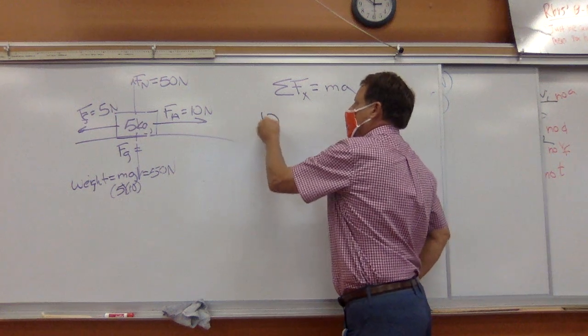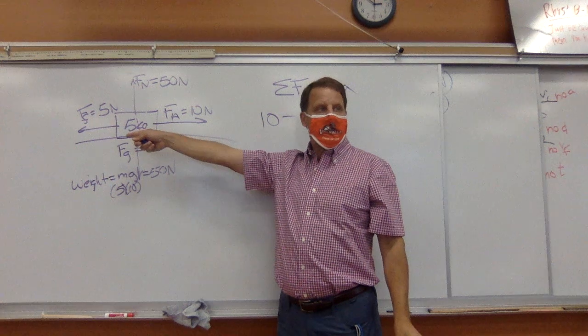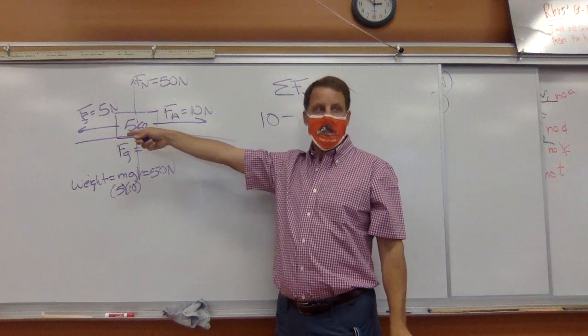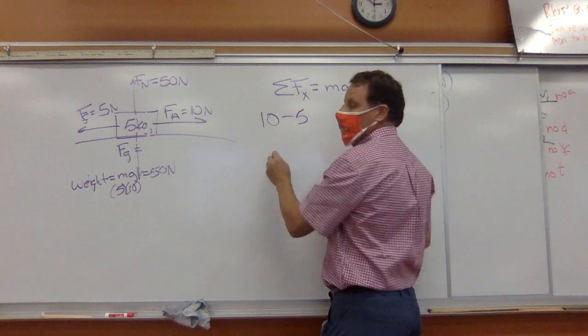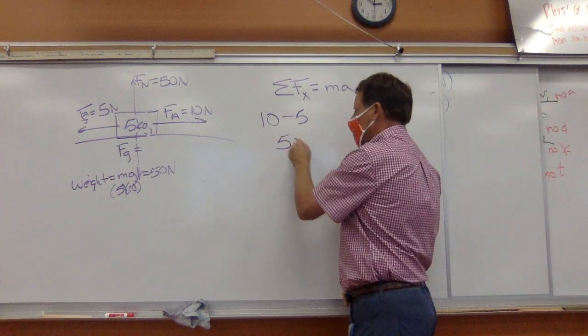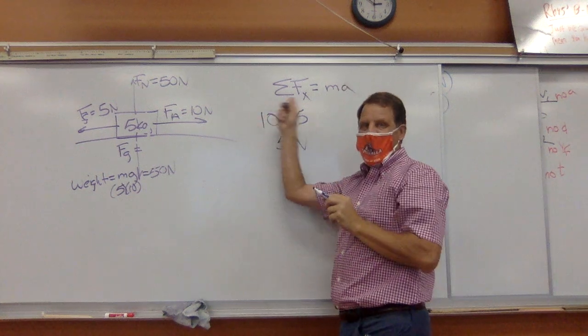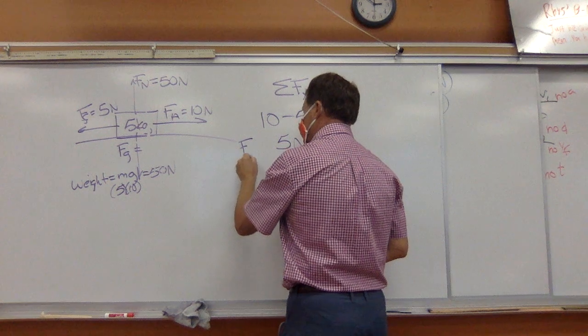Yeah, 10. Okay. So we're going to have 10. What force is going to the left? Frictional force, which is 5. So we're going to have 10 minus 5, which is equal to 5, correct? So 5 newtons.